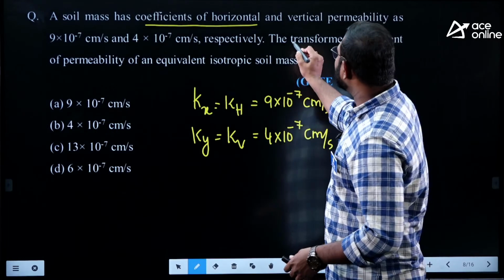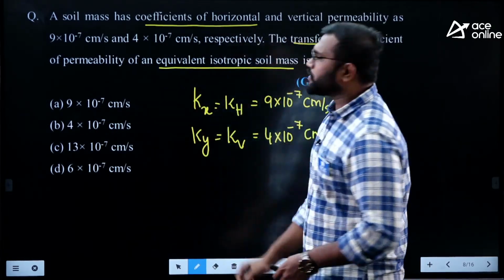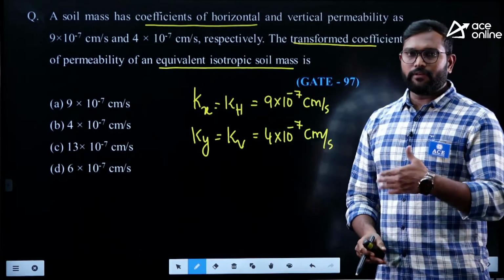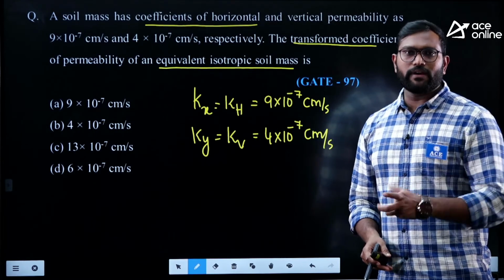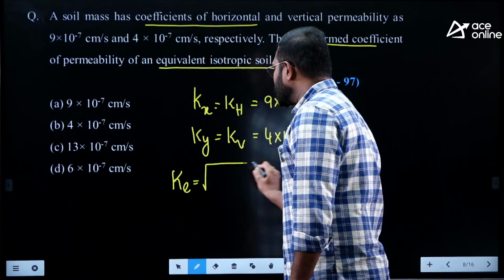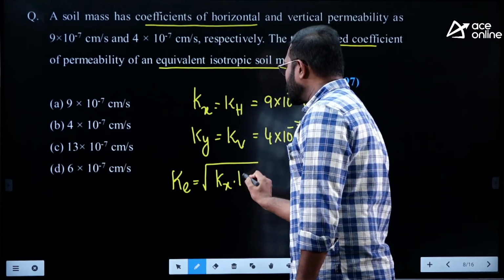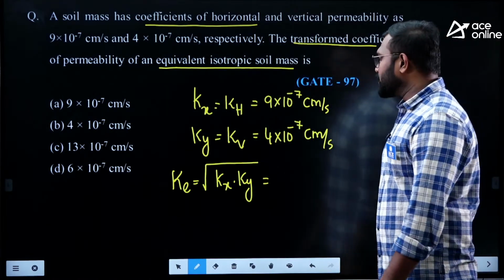So what I am asking you is the transformed coefficient of permeability of an equivalent isotropic soil mass. Whatever the layer deposit, we call it anisotropic soil also. But if you convert that to equivalent, finally, you know the equivalent permeability Ke is equal to square root of Kx into Ky.